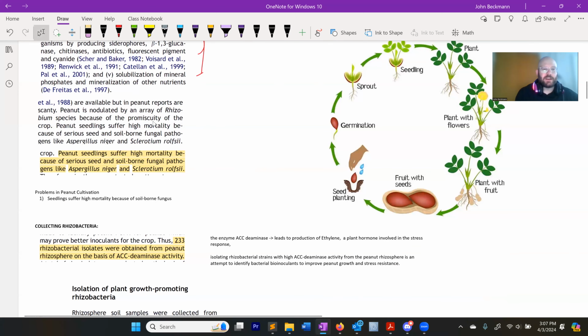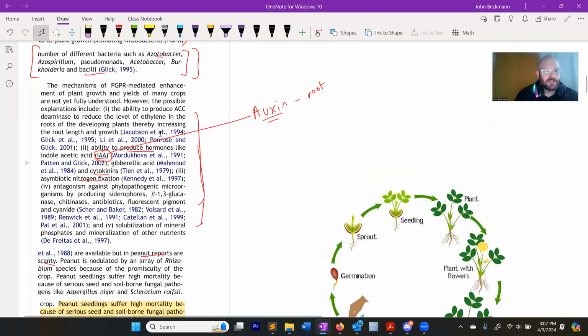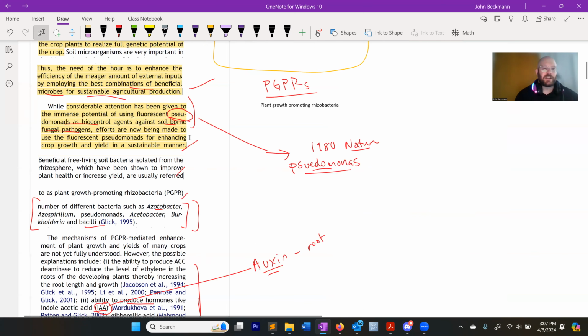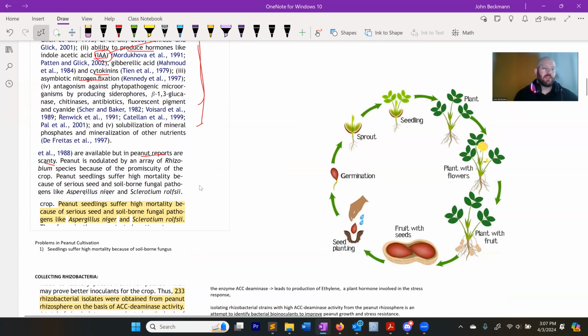Okay, but they say, but in peanut, reports on PGPRs are scanty. What year is this? This is 2004. Okay, so this might be a little bit out of date. There's probably much more research on this since then. But at this time, they're saying more work needs to be done on finding PGPRs for peanuts.